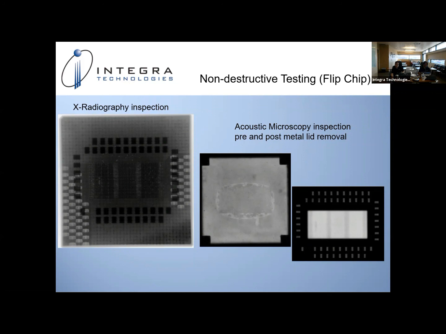You can also look at the solder balls on the backside or external to the package, looking for voiding as well. Another non-destructive technique would be acoustic microscopy. It's a great technique to look at the underfill of the BGA, of the flip chip. And if your C-SAM is good enough, you can look at some of those solder bumps, if you will. That gets really tricky, and it could be an in-depth inspection, but it can be done.